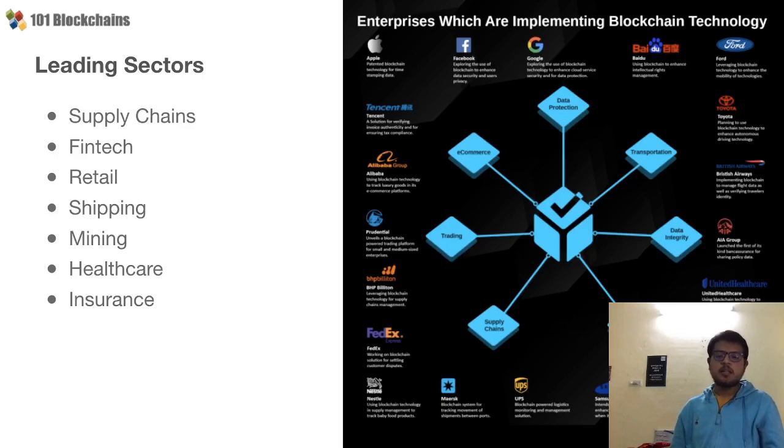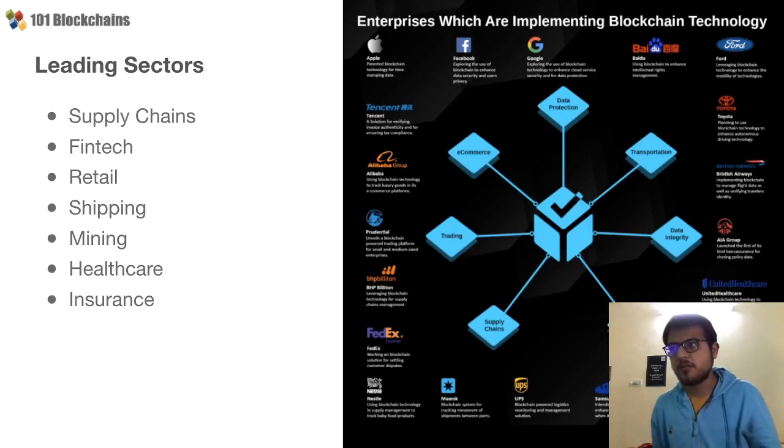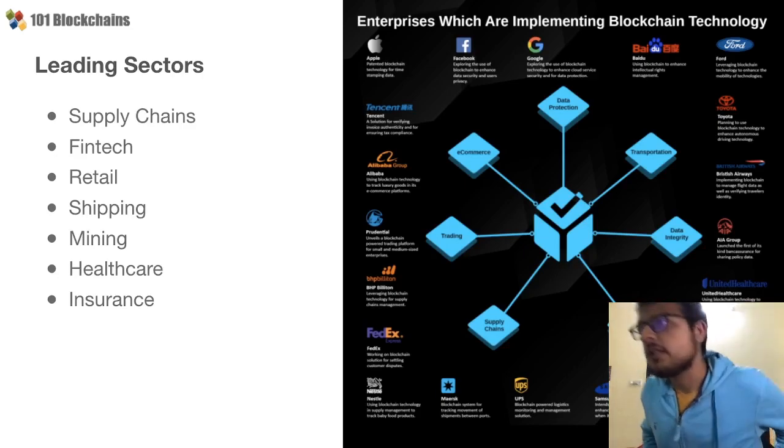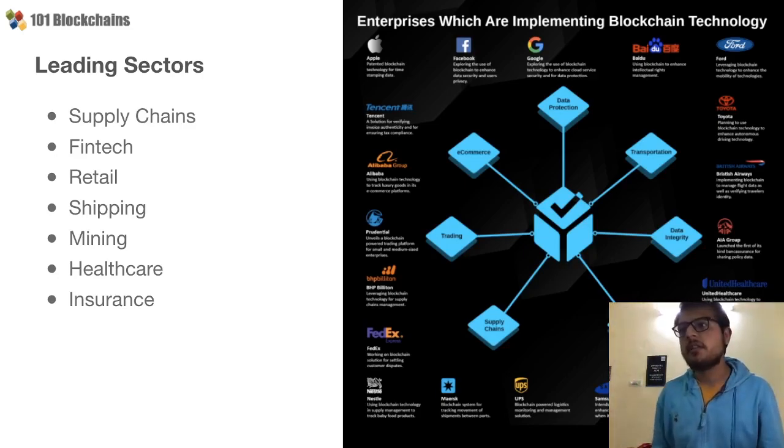I would recommend that supply chains be made on a private network, because they hold quite sensitive data. Fintech we talked about a lot, and also retail, shipping, mining, healthcare, insurance, as I already told you.